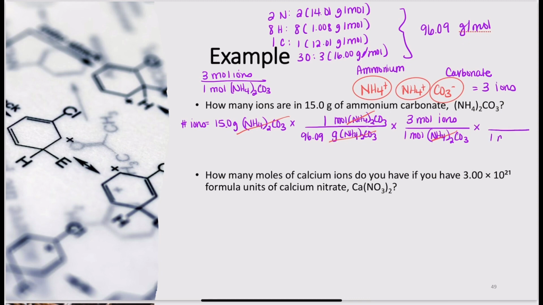So for every 1 mole of ions, I have 6.022 times 10 to the 23rd ions. That cancels out my moles of ions, giving me number of ions. Calculate that all the way through, and I get 2.82 times 10 to the 23rd ions.